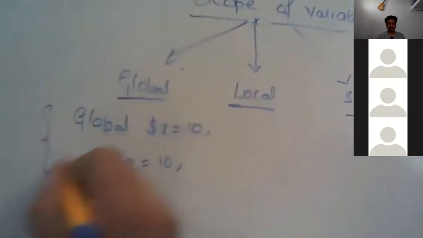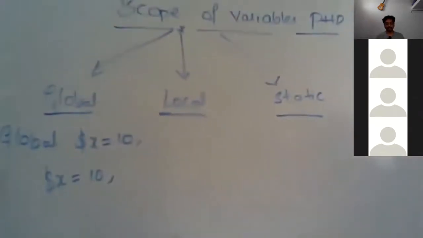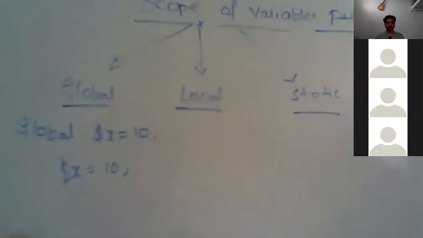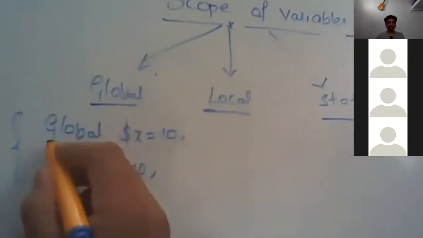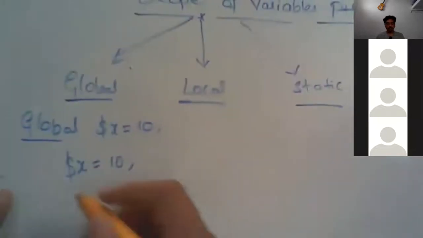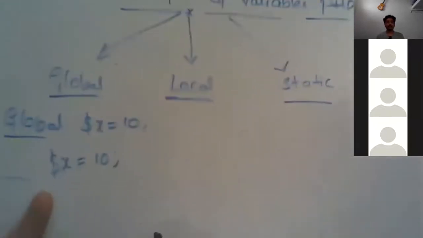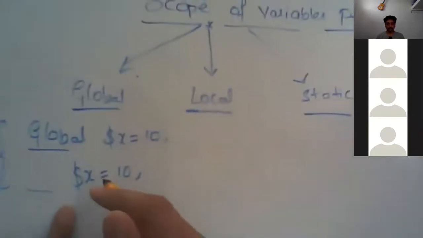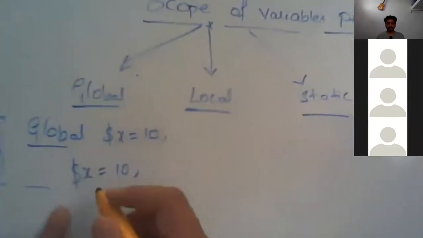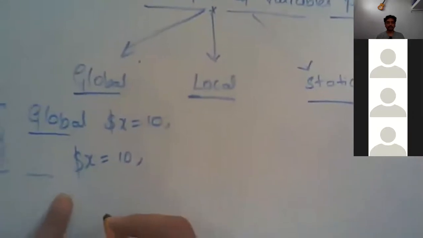Both are the same. We can mention the keyword global, or without mentioning it, by default it is a global scope. The variable has global scope.